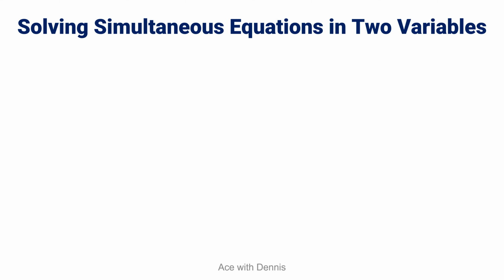Now, let's understand the concept of solving simultaneous equations in two variables. Consider these two linear equations: 2x plus 3y equals 11 and 3x minus 2y equals negative 29.